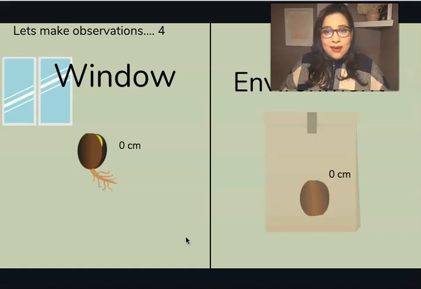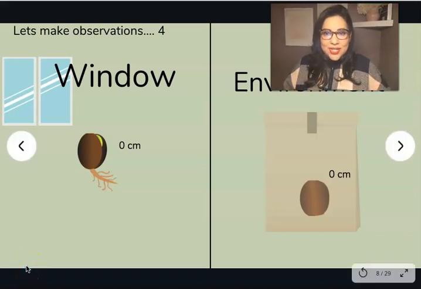And you can measure the plant on your own and record it on the data table. However, for those of you who don't have these materials at home, you're more than welcome to use the data that I've provided for you in these slides. And they're very simplified, just a disclaimer, but it's for you to get the idea of how sunlight affects the growth of our lima bean.